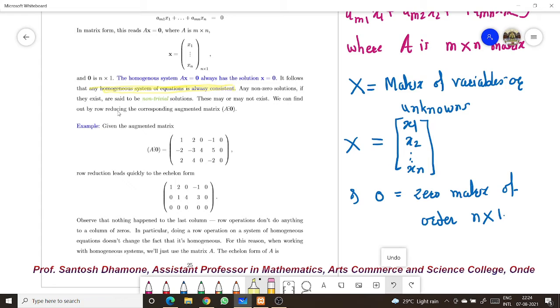This is the row reduced echelon form of the given augmented matrix, obtained by performing some row operations. I will write down these operations.